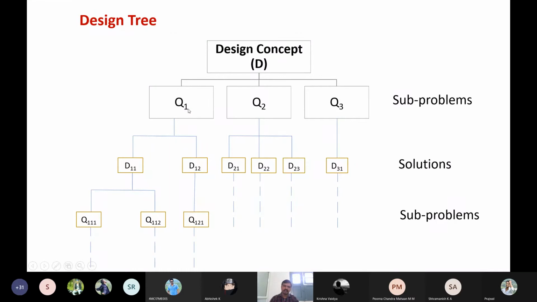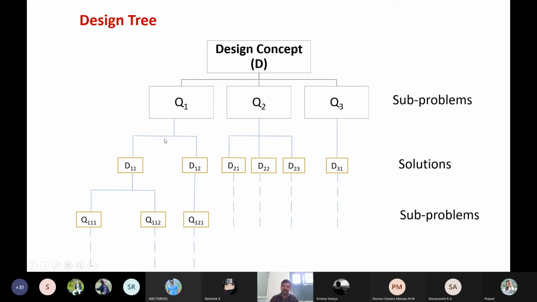Next, for Q1, solutions may be 2, 3, 4. But in this illustration, Q1 we can achieve in 2 ways. That means there are 2 possibilities for the subproblem Q1, 3 possibilities for Q2, and only 1 possibility to solve Q3. These are the solutions.